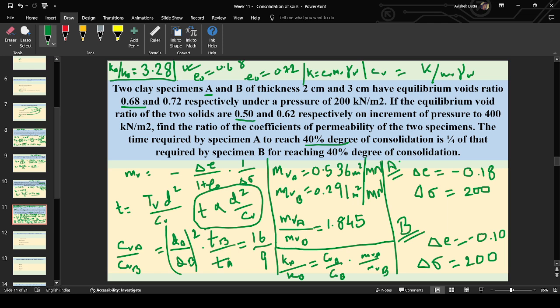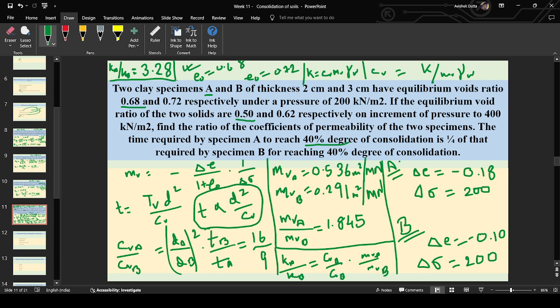So what I have done to find the ratio of Ka to Kb: I first found the ratio of mvA to mvB using the given data, then CvA to CvB. First the ratio of the coefficient of volume compressibility of the two soils, then the ratio of the coefficient of consolidation.